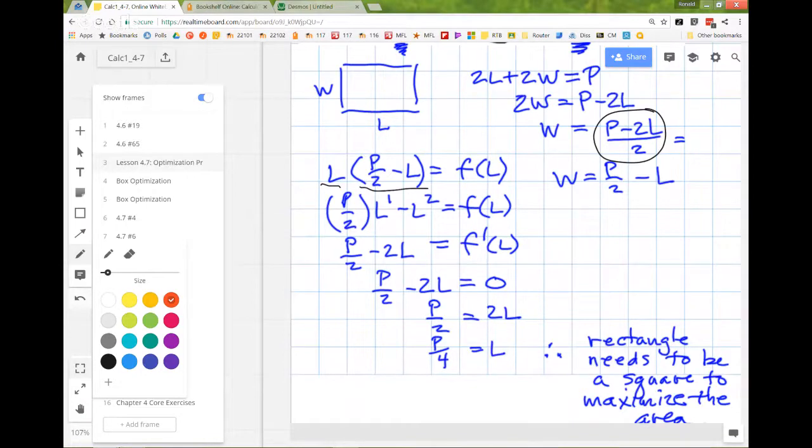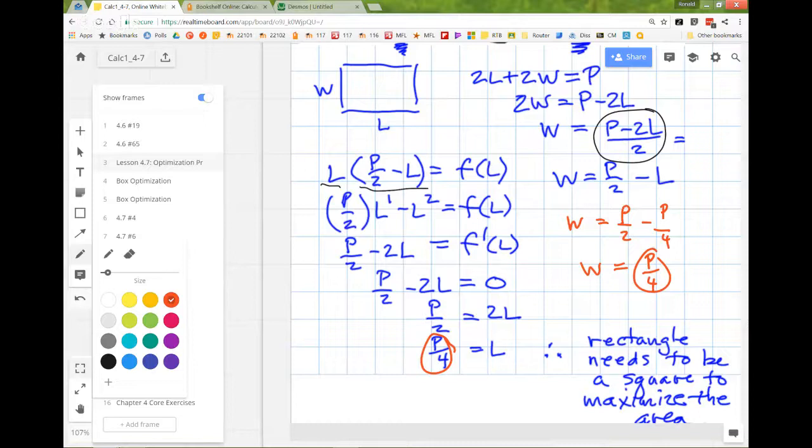Okay, so W equals P over 2 minus P over 4. P over 4 is what we found down here. What happens when you take 1/4 of P away from 1/2 of P? You get 1/4 of P, and you can see both the length and the width are the same.